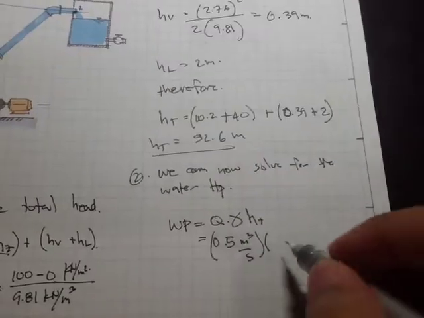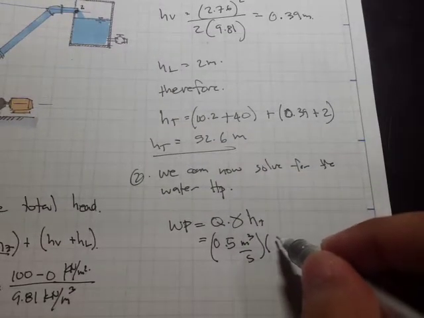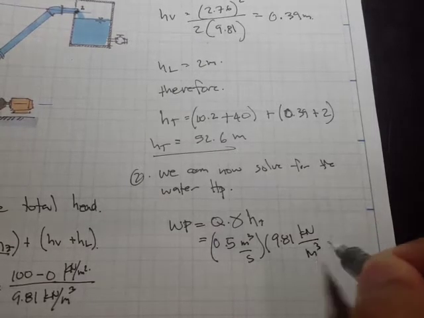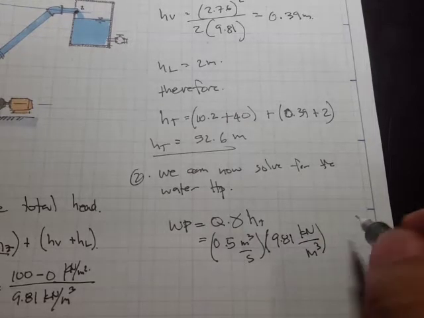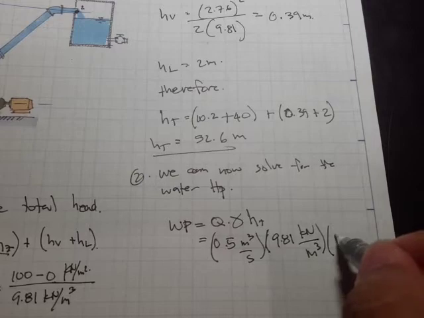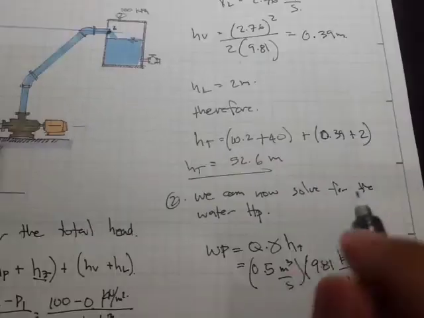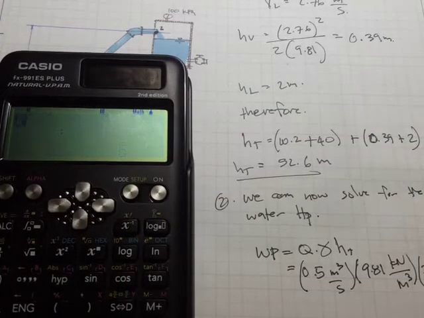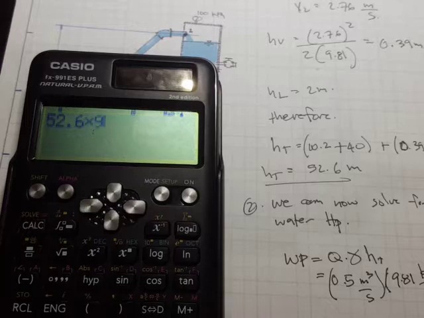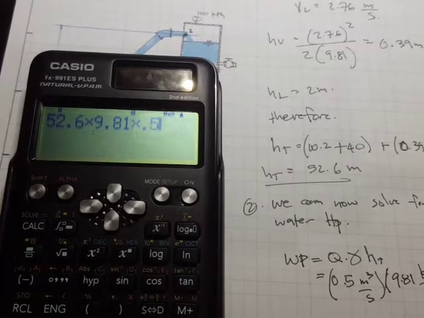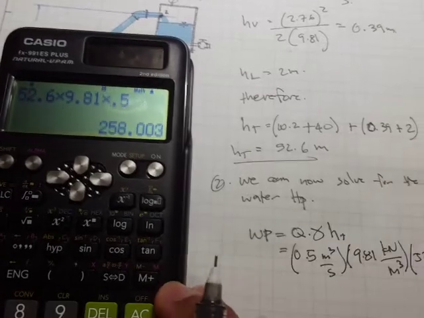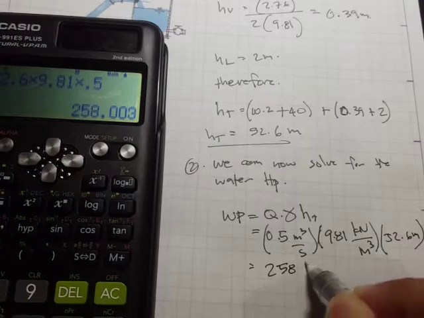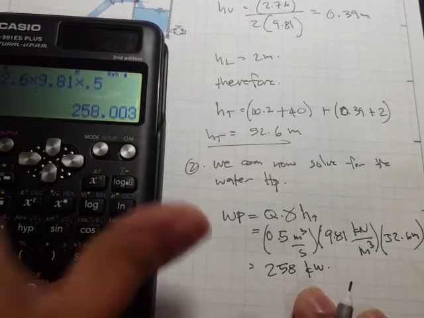The unit weight of water is 9.81 kilonewtons per cubic meter, times the head of 52.6. So 52.6 times 9.81 times 0.5, we have 258 kilowatts.